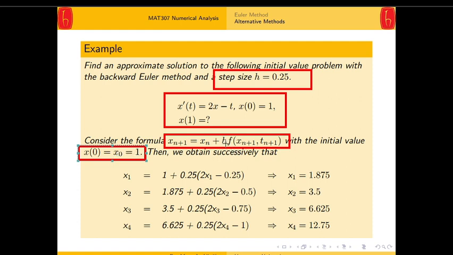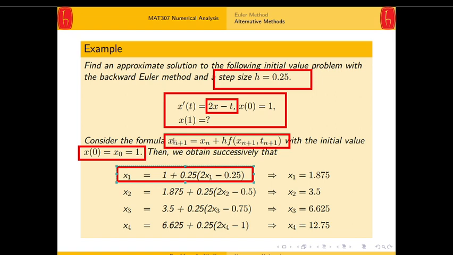Okay, so here the function f is 2x minus t, which is linear in x. So that means we can immediately solve for xn plus 1. So let's do that. x1 will be equal to 1 plus h times 2x1, because it used to be x0 here, but since we're using the backward Euler method, this will be x1.